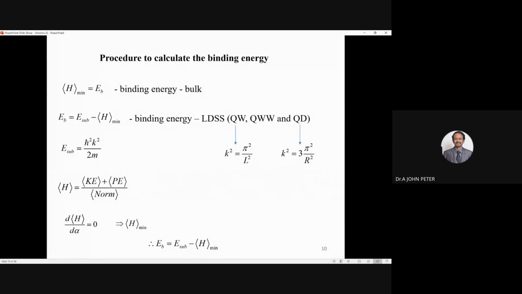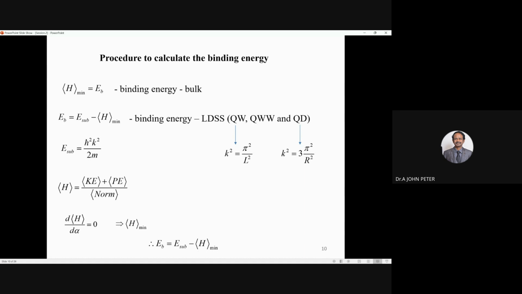Now, what is the formula? The binding energy formula is E sub minus H minimum. For bulk material, there is no sub-band energy. When you reduce one dimension, quantum well, quantum wire, or quantum dot, you will have sub-band energy. Don't forget, you will have sub-band energy. You will have to subtract the H minimum, which we obtain from the variation principle.